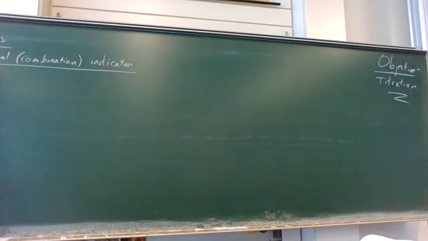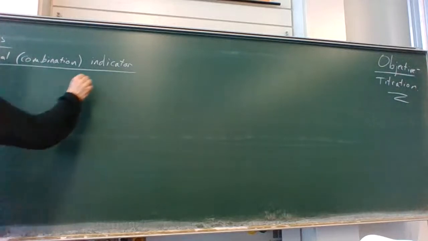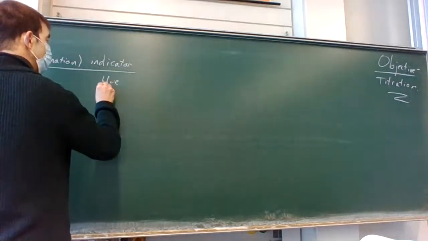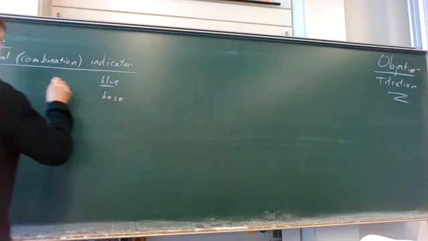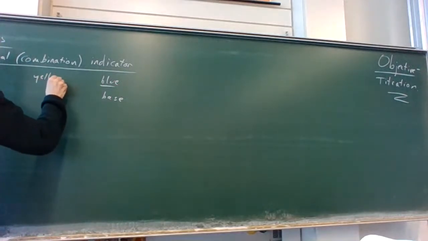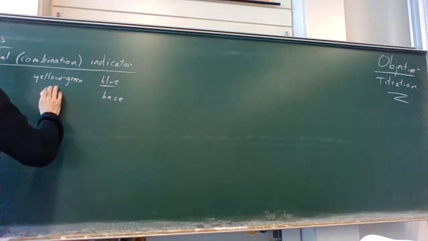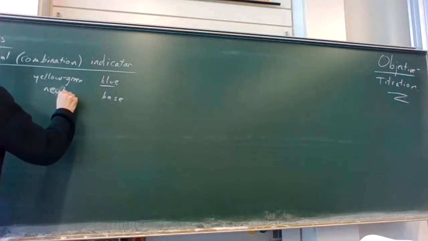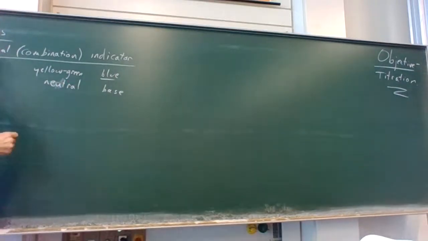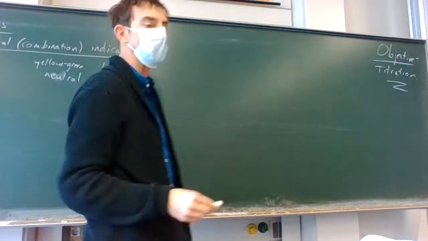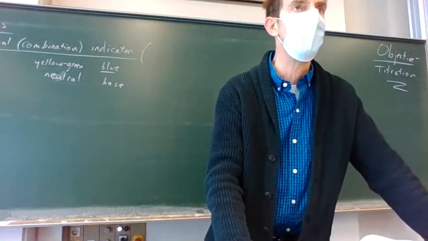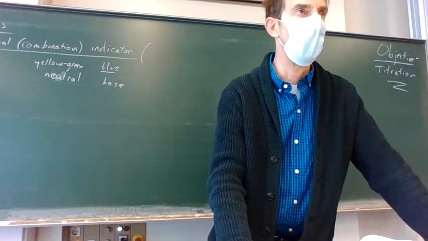And these folks just saw it the other day. Sitting in a base, it's, Sarah, what color? Blue. Blue. And then yellow, green, or neutral. The problem with this indicator, to be really blunt, is the colors change gradually.